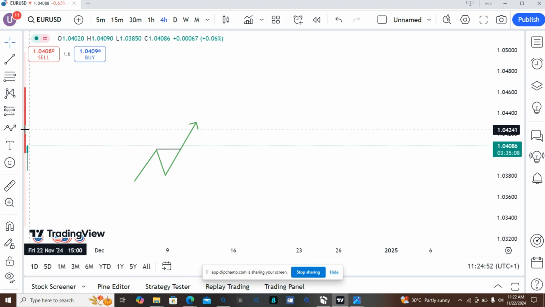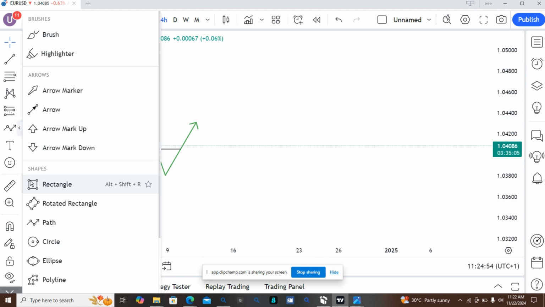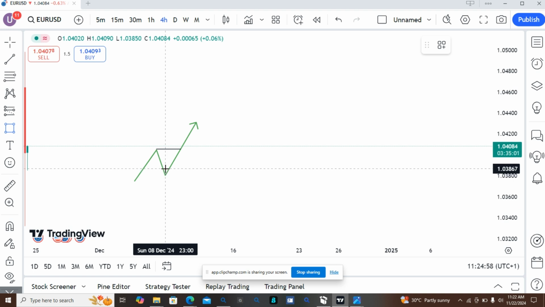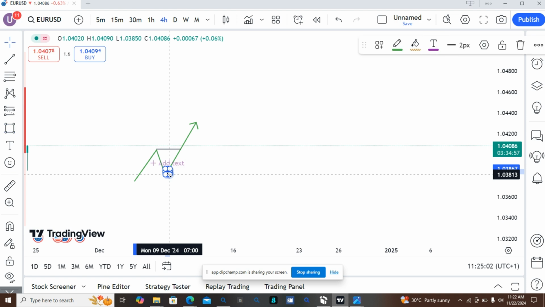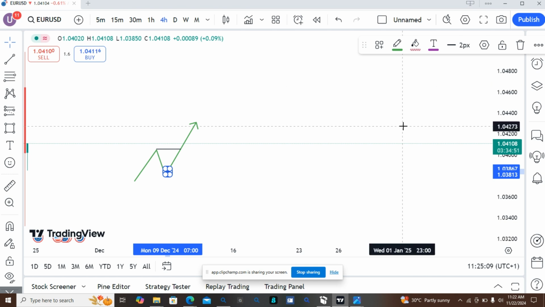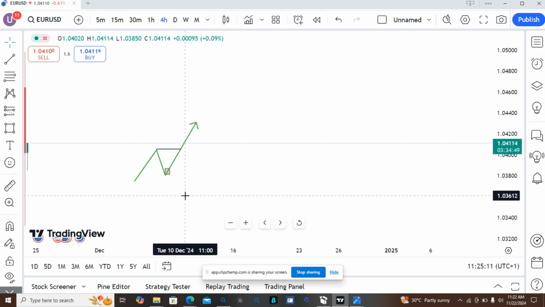normally price will come back to this zone. There is another block here. This is one of the reference points price normally comes back to for a reference before moving up. Let me change this color.